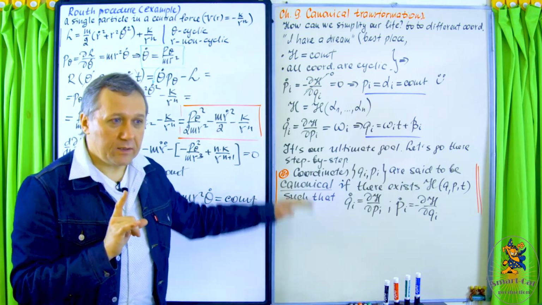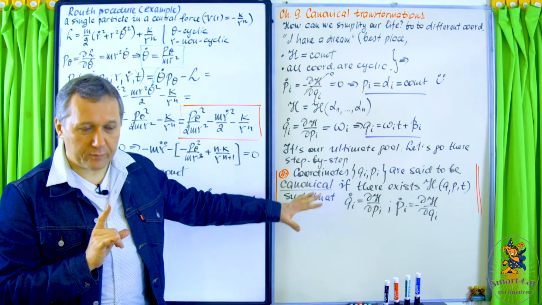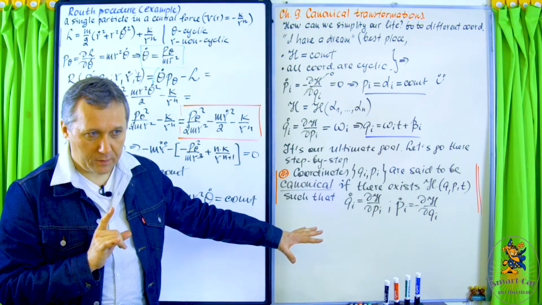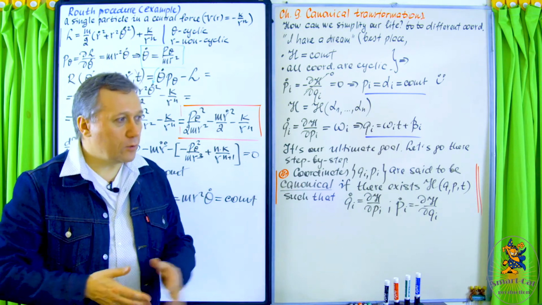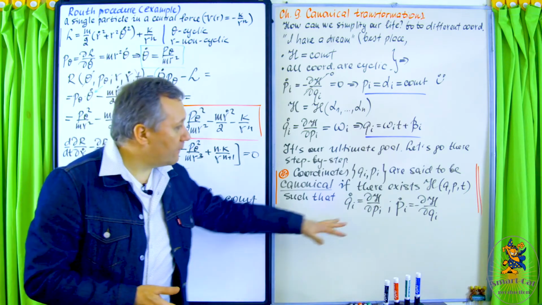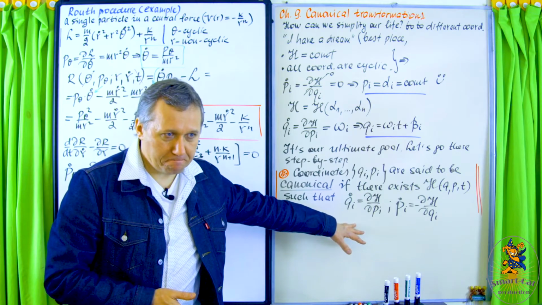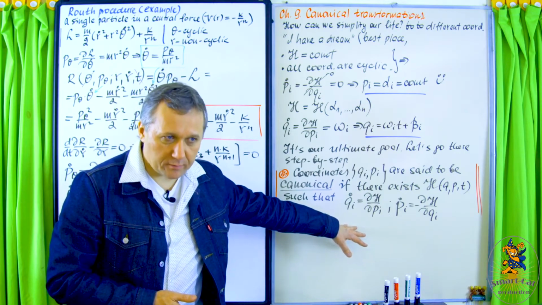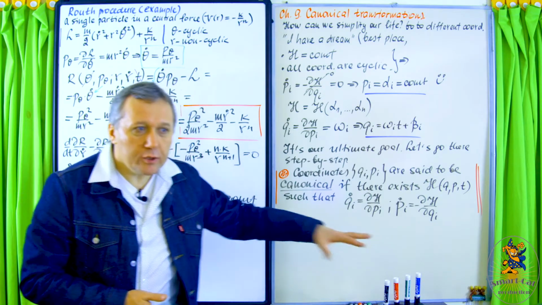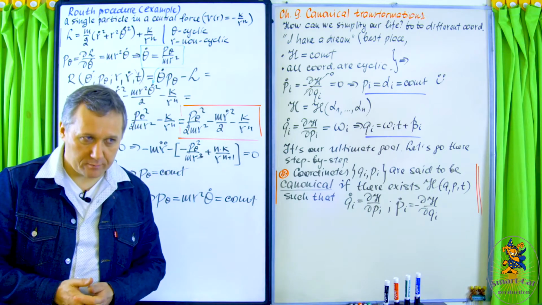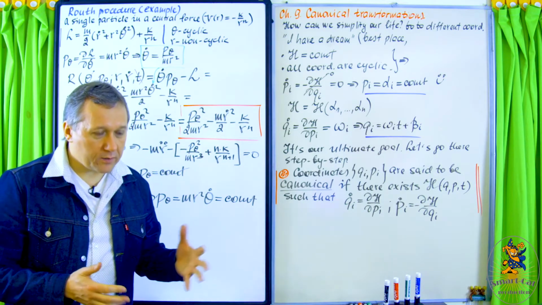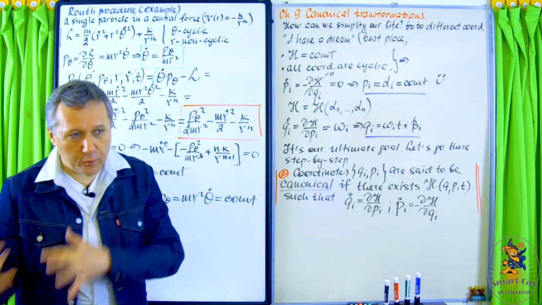But in the Hamiltonian formalism, we have to be careful. If you change coordinates, the form of Hamilton's equations is not guaranteed. So basically, we need to develop some procedure, some equations.